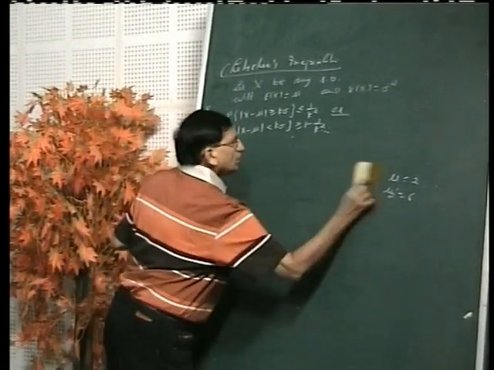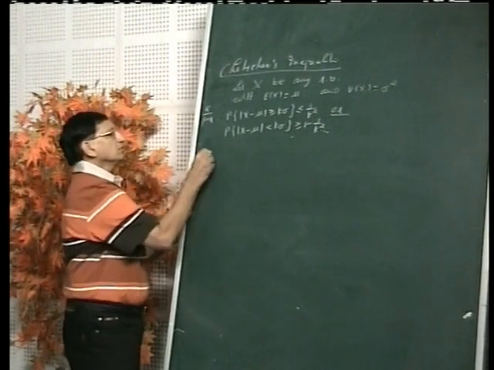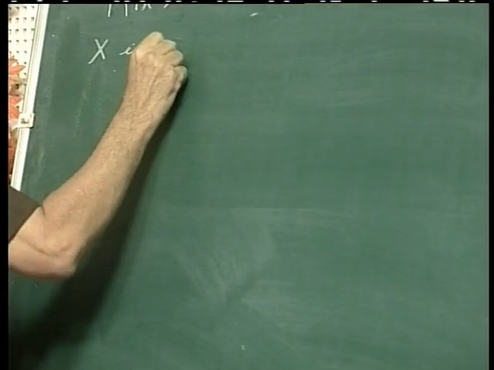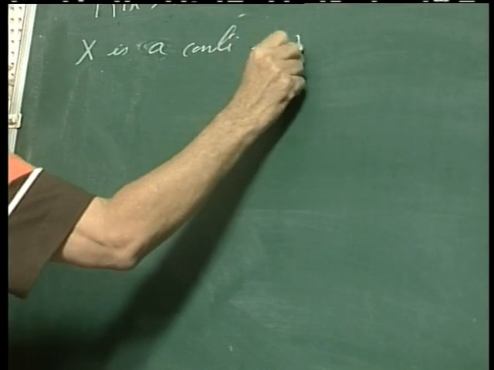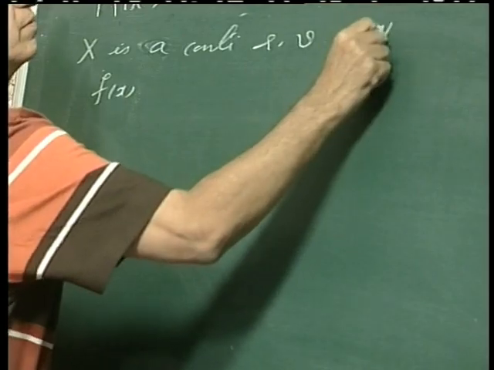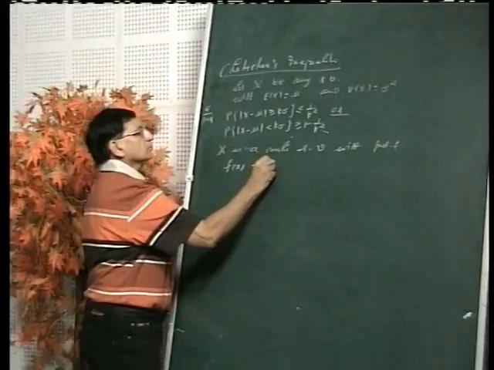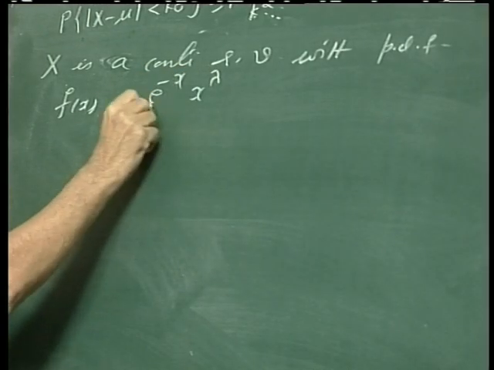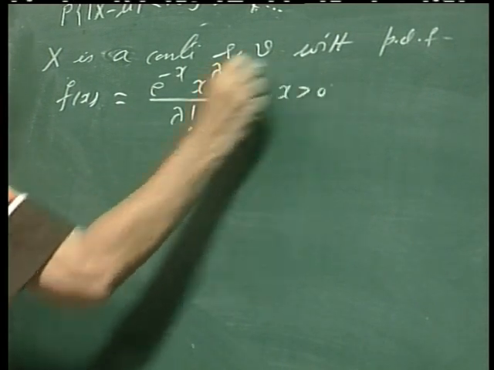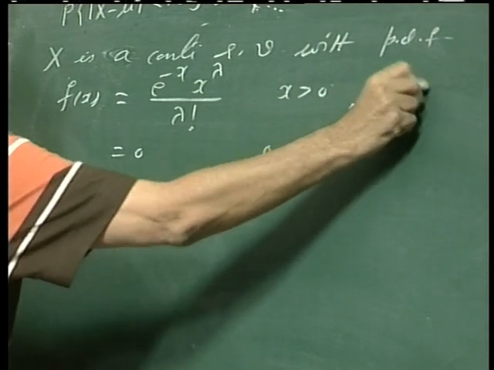Okay. Then let us take another example. Suppose x is a continuous random variable with PDF, say f of x is equal to e raised to minus x, x raised to lambda upon lambda factorial, where x is greater than 0 and 0 otherwise, lambda is positive.